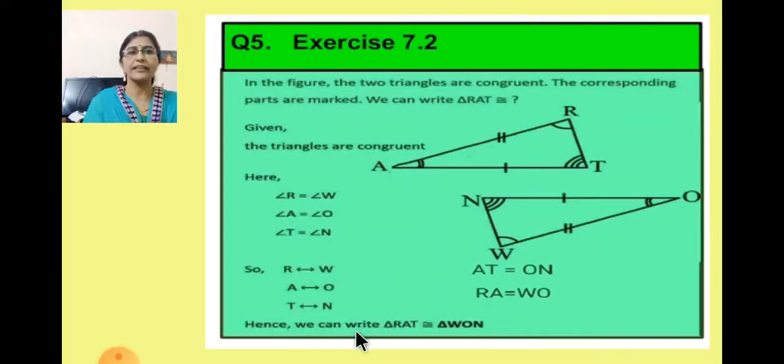We can write triangle RAT is congruent to, now here we will see R corresponds to W. So here we'll write triangle W, because you know the order of naming the triangle is very important. Then A here corresponds to O, so we'll write O. And then T corresponds to N, so we'll write N. So we'll write triangle RAT is congruent to triangle WON.